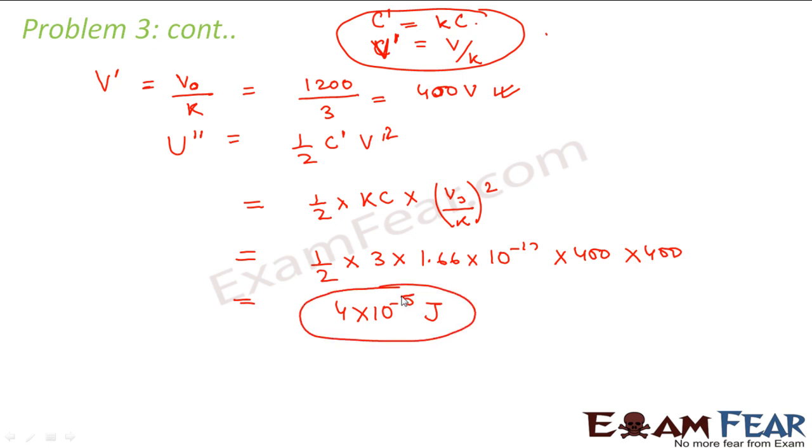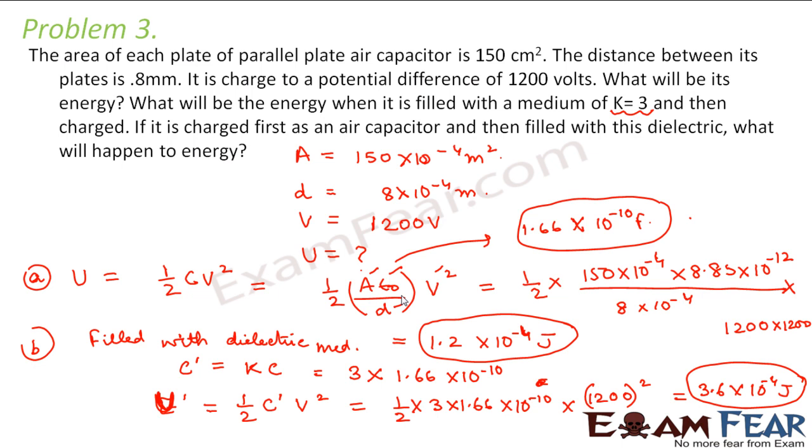Two important things to note here. If the medium is dielectric already and then you charge the capacitor, the potential difference will still remain the same. But if you charge the capacitor normally and then fill it with a dielectric, your potential will become 1 by K times the original potential. Please make a note of the second and third parts of this question, because these are very important concepts.